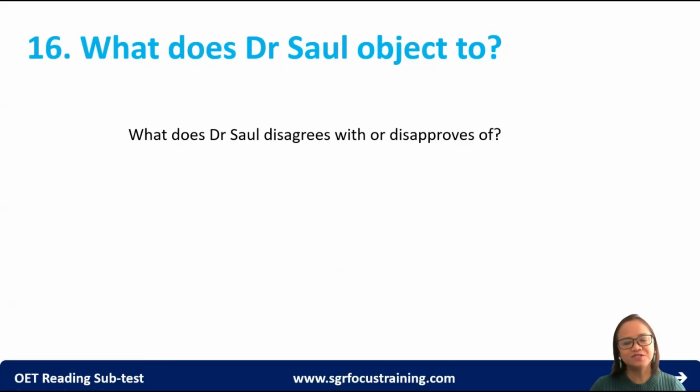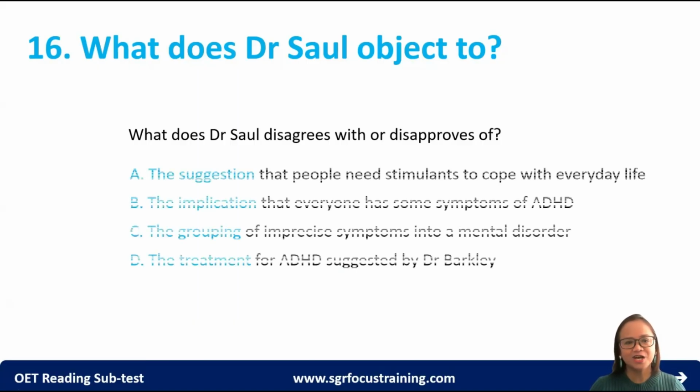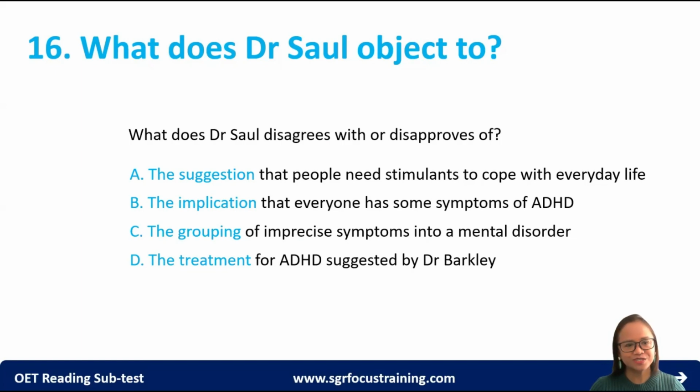But very similar to the strategy we discussed, we again look at the first words given. Is he disapproving of the suggestion, the implication, the grouping, or the treatment? So we're not looking at verbs anymore. We are looking at nouns, okay? Because we're looking for something very specific. They tend to be nouns.